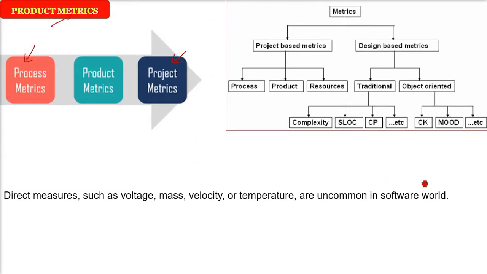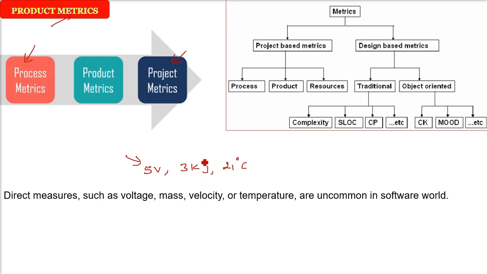In the physical world, we have numbers like 5 volts or 3 kilograms or say 21 degrees centigrade. These are specific values, and you can directly measure these values using various devices and instruments.